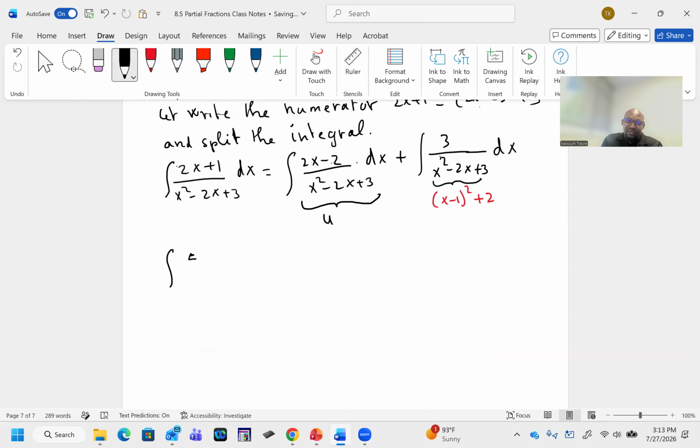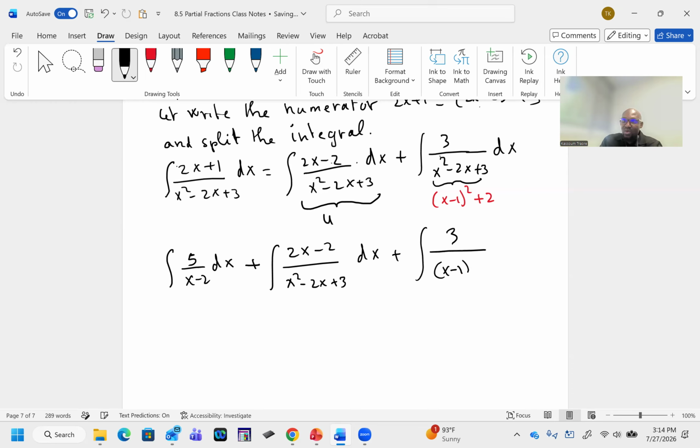We first had 5 divided by x minus 2 dx, right? Plus the integral of 2x minus 2 divided by x squared minus 2x plus 3 dx, then plus the integral of 3 divided by x minus 1 squared plus 2 dx.